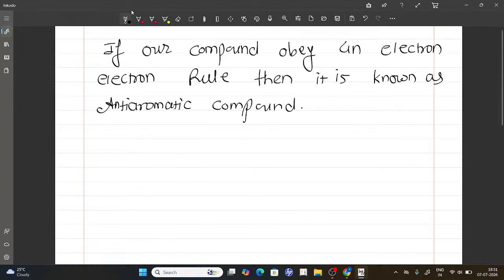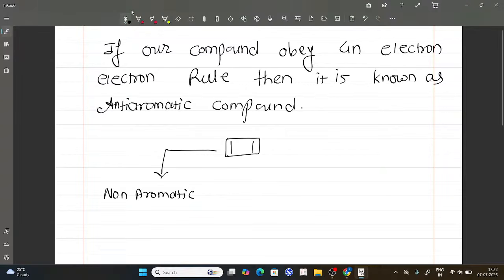If we take the same example that we see here, this is the compound we studied. It is non-aromatic, right? This is non-aromatic because it cannot obey Huckel's rule.